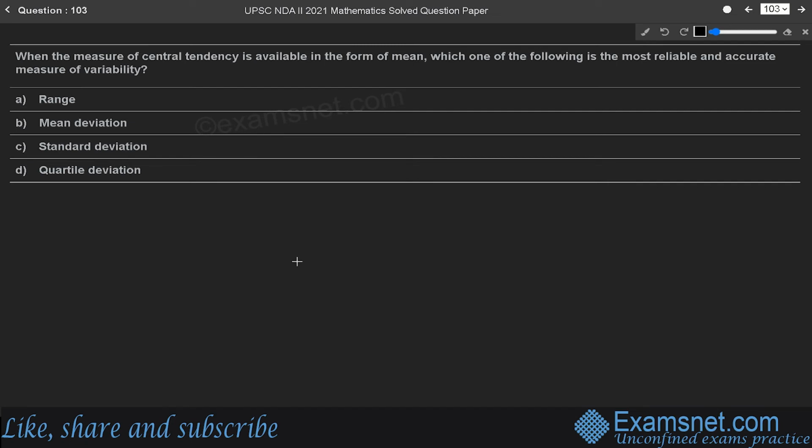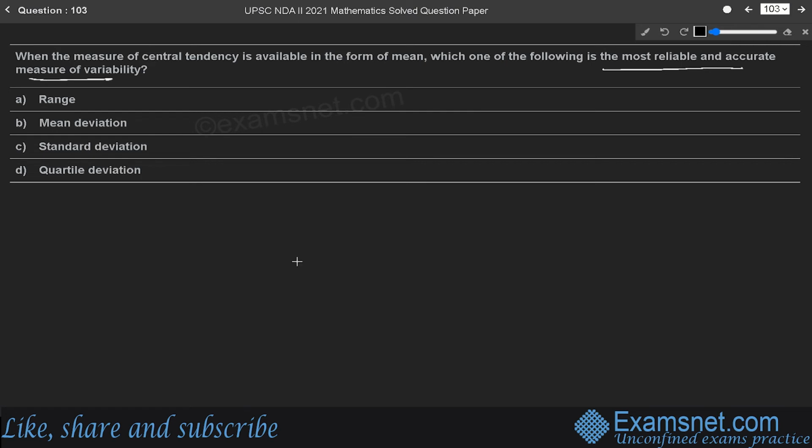Next question is, when the measure of a central tendency is available in the form of mean, which one of the following is the most reliable and accurate measure of variability? It is a question that comes from statistics, and this question does not require a pen to solve. We just have to say which is the most reliable and accurate measure of variability.